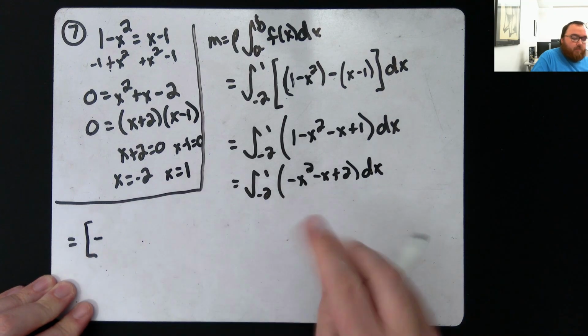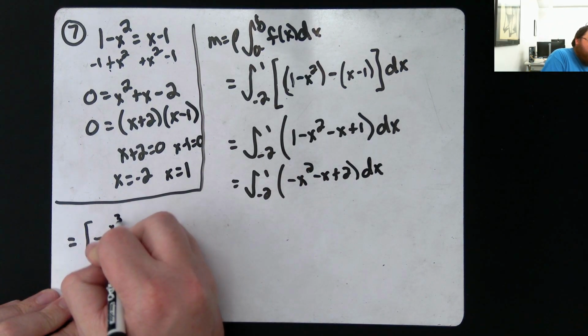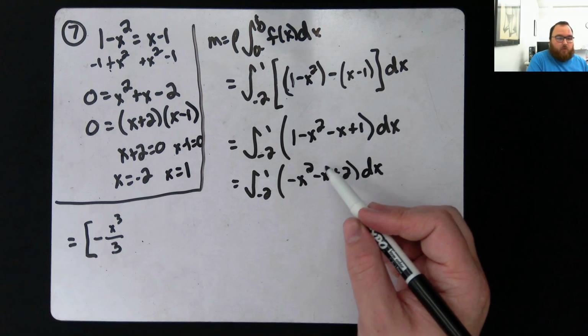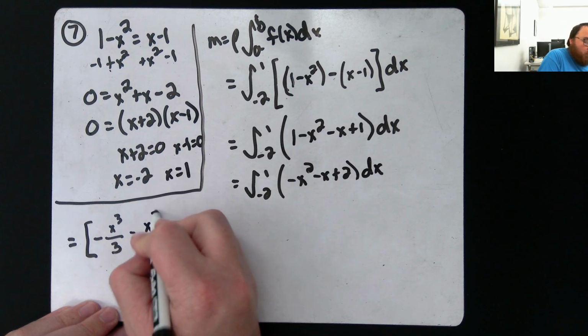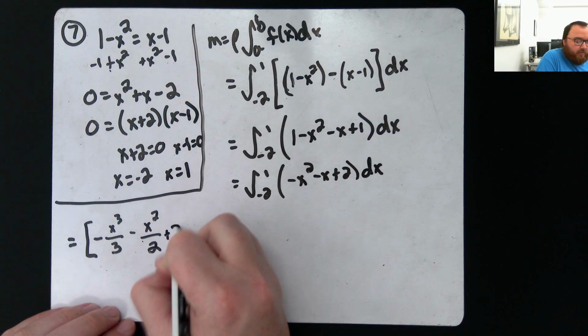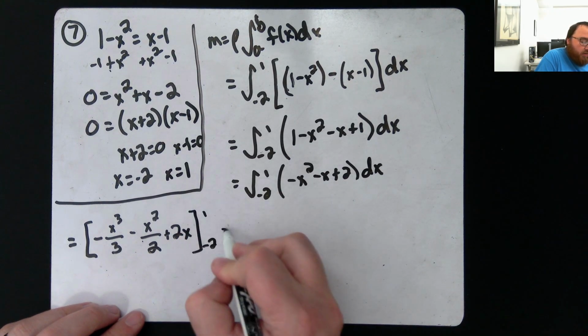It's going to be negative. Add 1 here, makes it x to the third over 3. The same thing here, I'm going to add 1, which would make it negative x squared over 2. With a 2, I just get 2x. Doing that from -2 to 1.